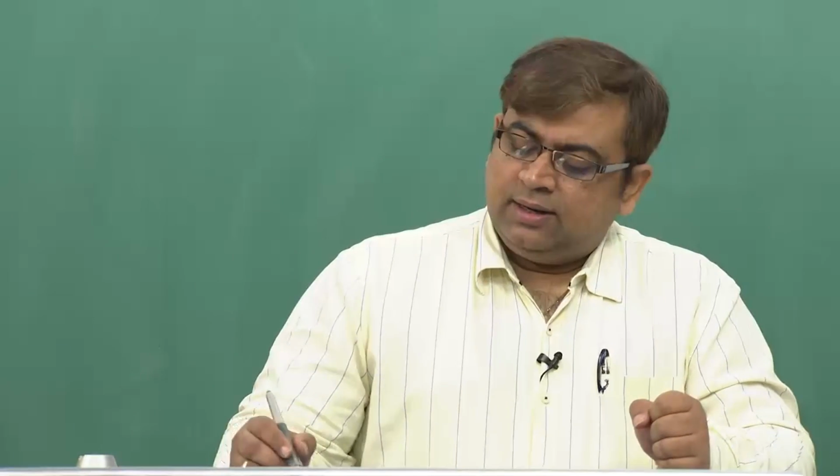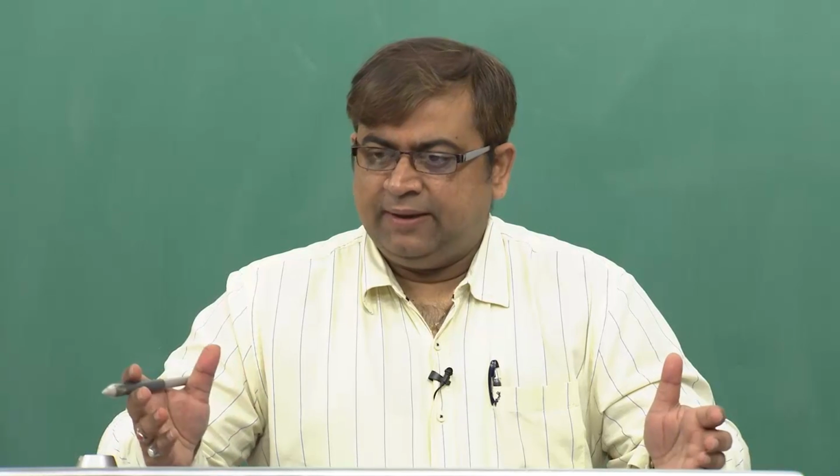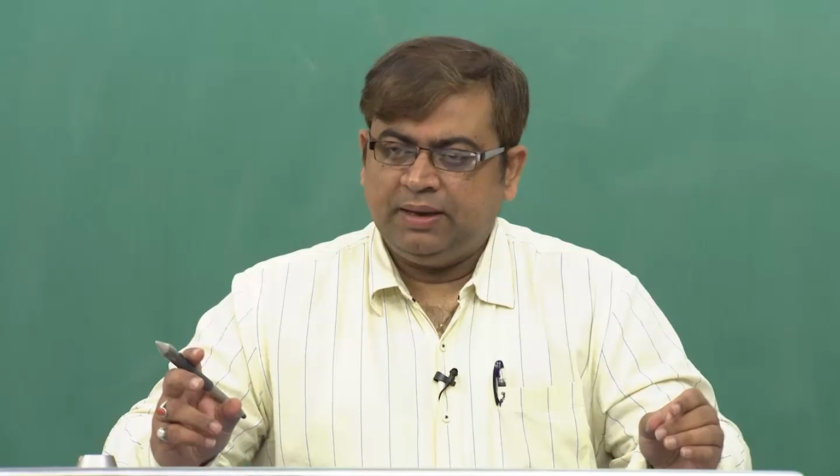After doing this silanization, you have a thin film of a mold release film, you can say. You pour the polymer on top, and this polymer typically comes in two different phases, where mixing the two phases together brings a quick setting of the polymer, and a bonded network forms which makes the polymer become rubbery over time.